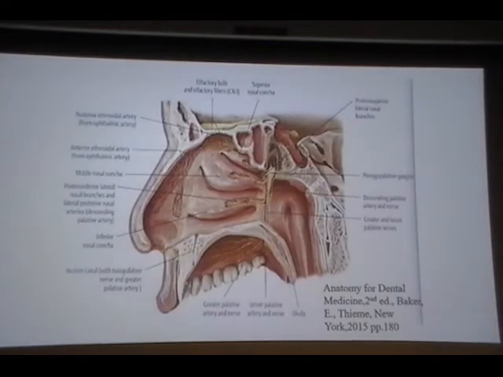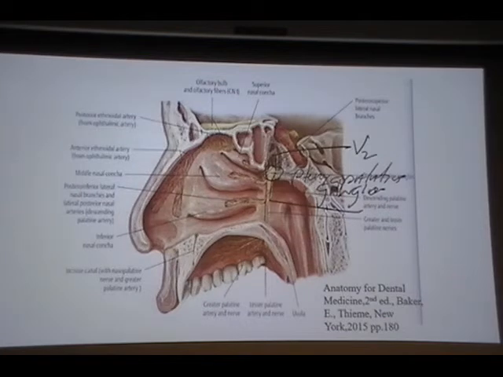Here's the ganglion. Hang on, V2. Pterygopalatine. These are descending palatine. These three branches here are posterior nasals.